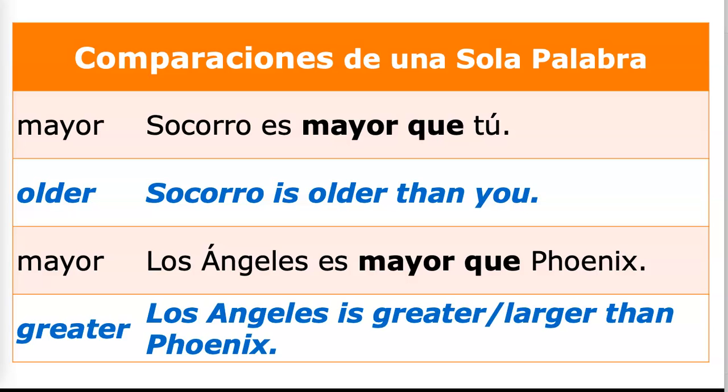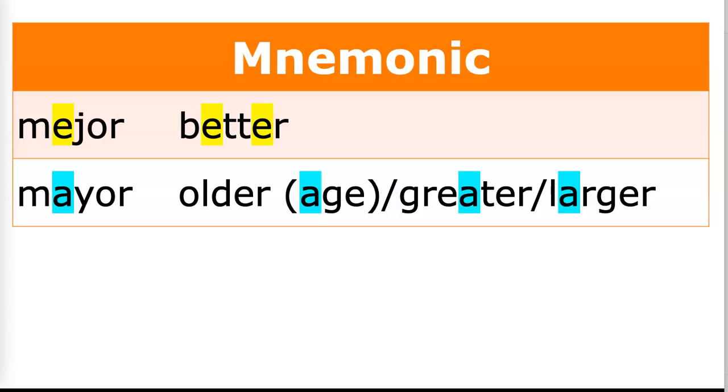And it translates to Los Angeles is greater or larger than Phoenix. And the mnemonic that helps me is mejor means better, and it only has E's. Mayor, which means older or greater or larger, contains the letter A.